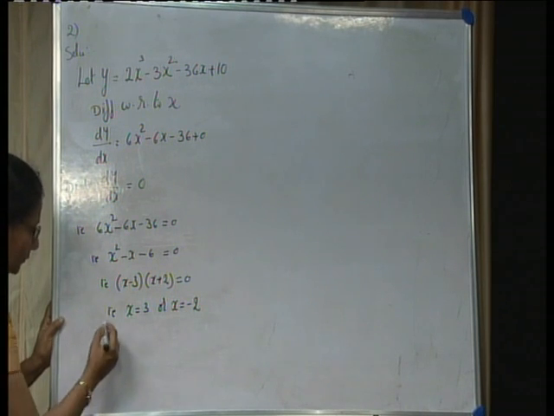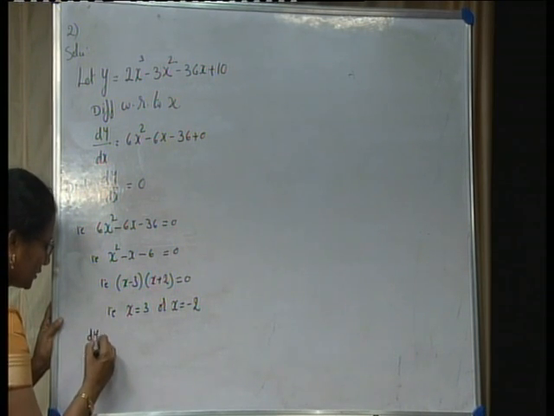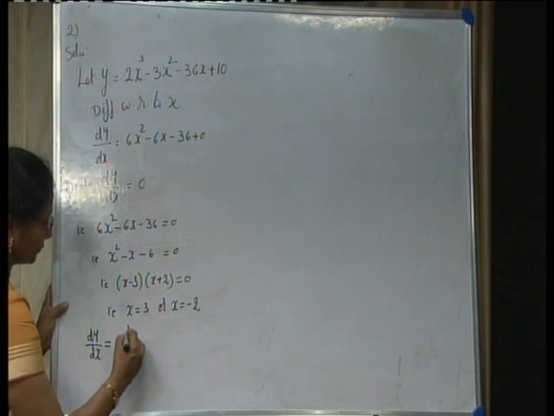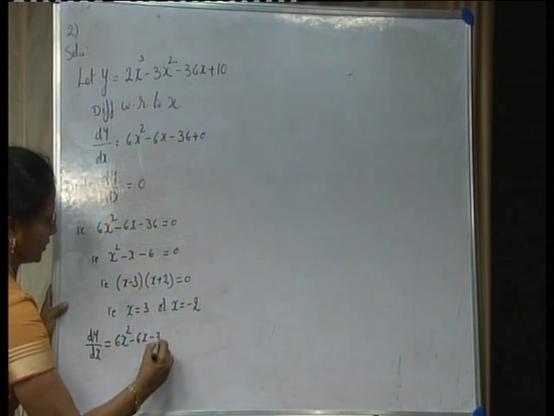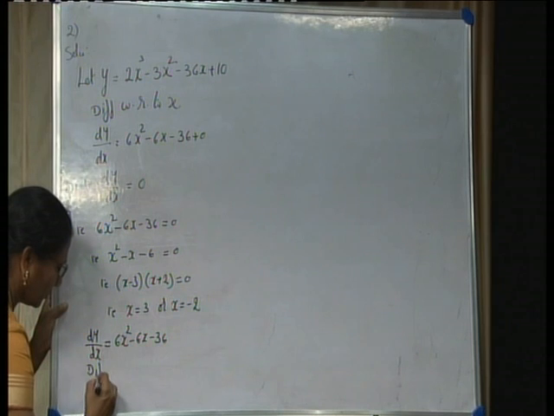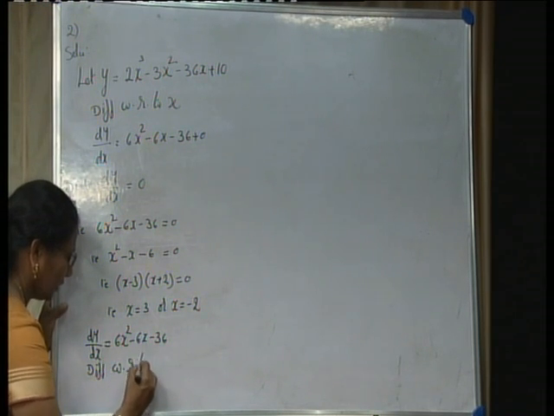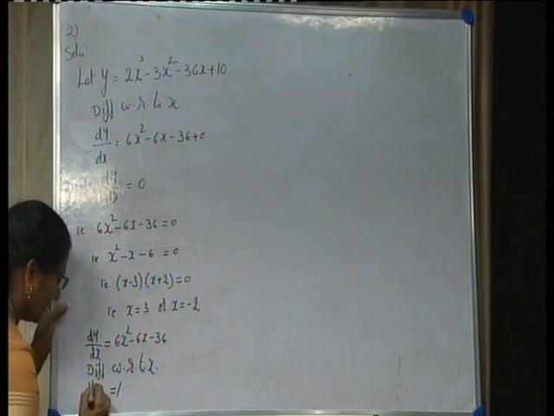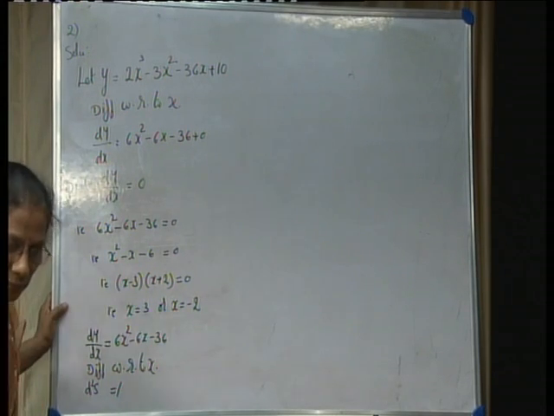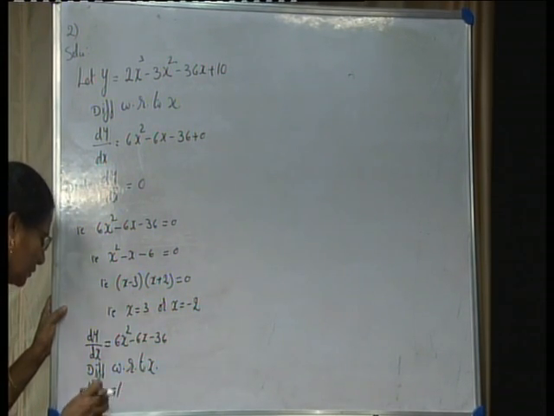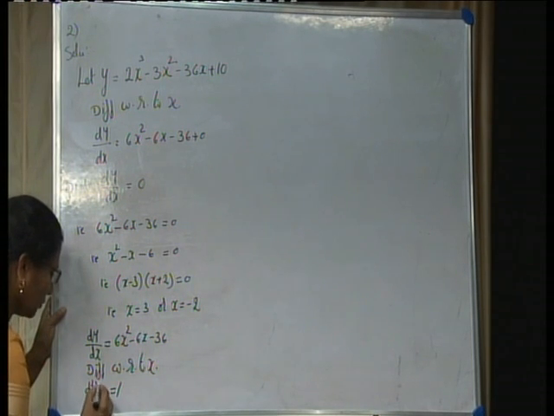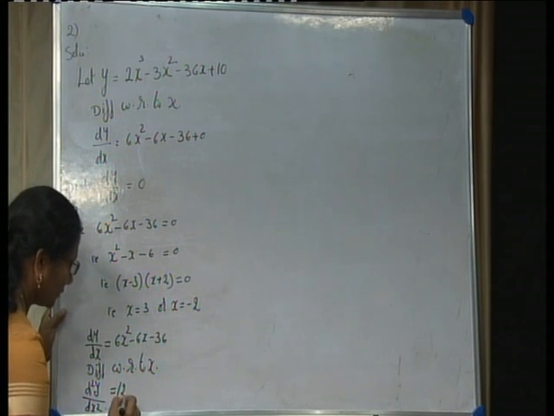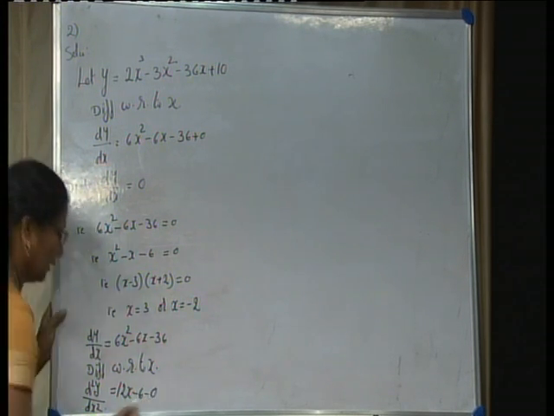The second, we have dy by dx is equal to 6x squared minus 6x minus 36. Differentiate with respect to x, that is d squared y by dx squared is 12x minus 6 minus 0.